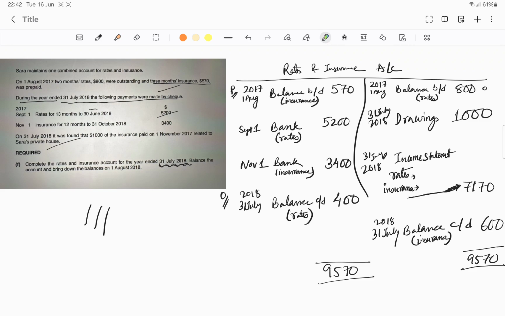We have missed one important point: the drawings was also deducted from insurance.